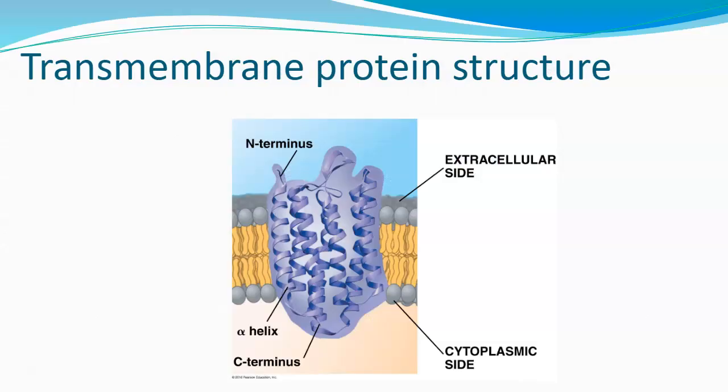Here's what it looks like if you actually zoom in on one of those integral membrane proteins. You can see that it's got a series of alpha helices in the middle. We talked about that before in terms of proteins, where they have the primary structure and then they have the secondary structure, which alpha helix is one of them.